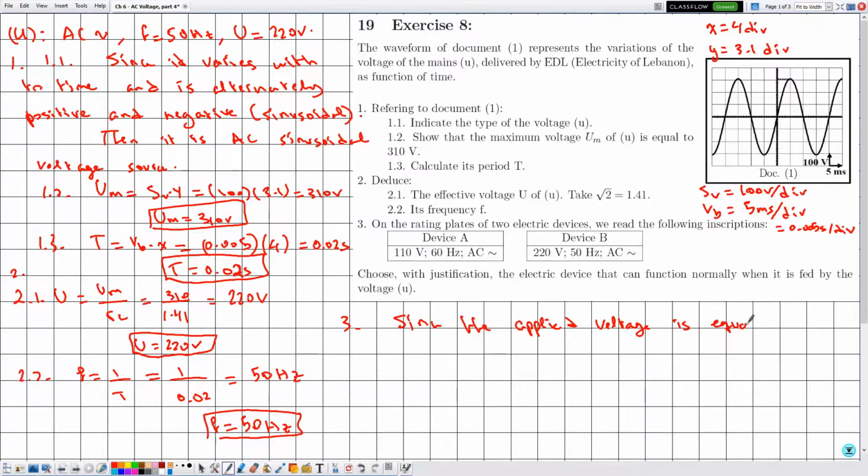is equal to the rated voltage, which is given by 220 volts is equal to 220 volts. But the voltage alone is not enough. We need to consider also the frequency. And of same frequency, which is given by 50 Hertz. So let me here say same frequency.